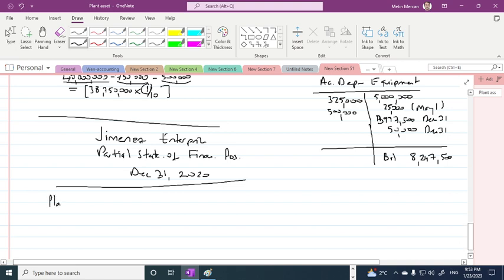So we only do plant assets. We have land, how much? $4,900,000.